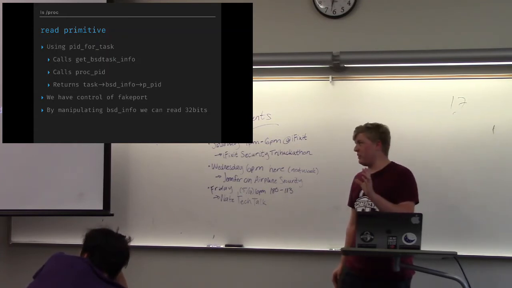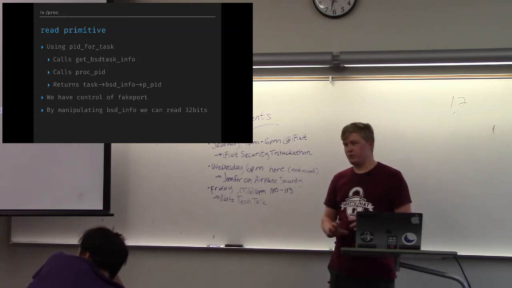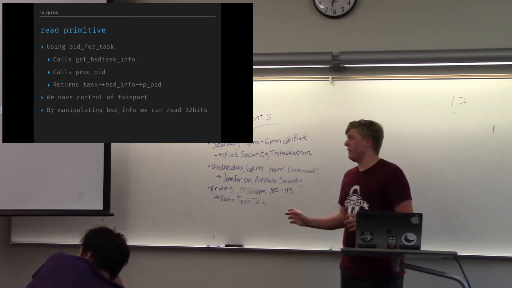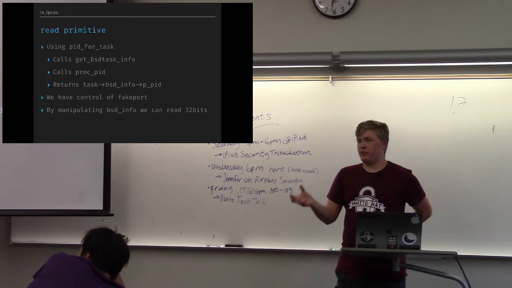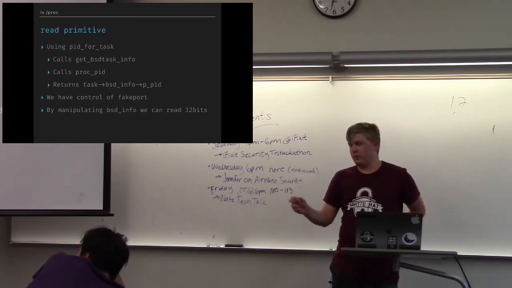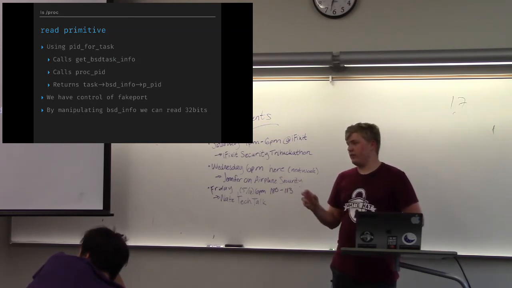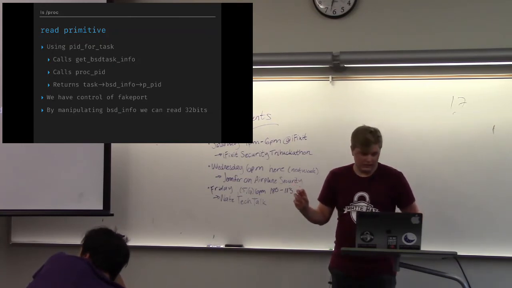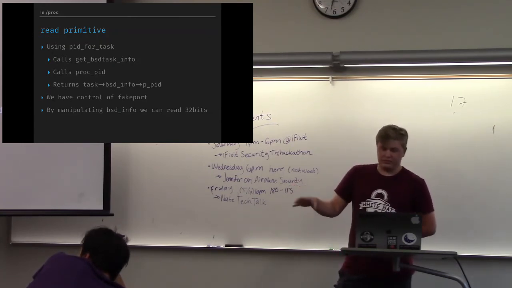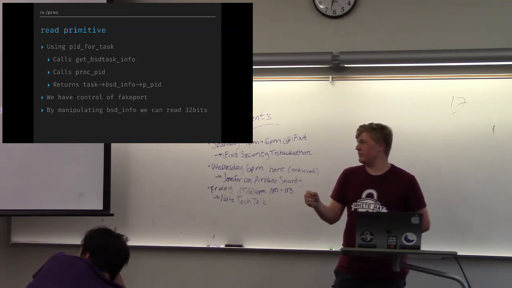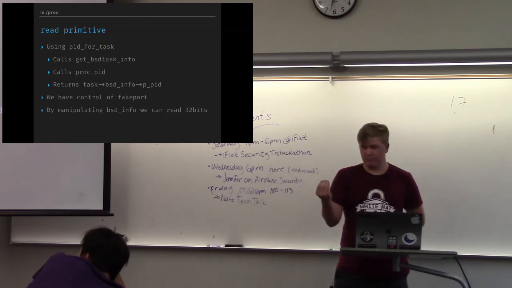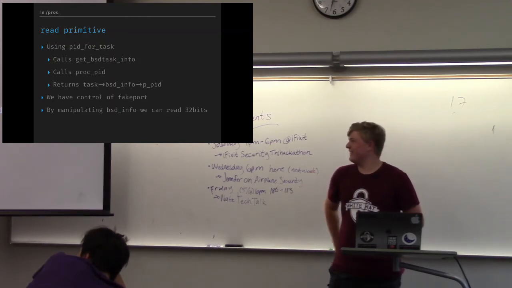So this port can be an arbitrary position in kernel memory. BSDTaskInfo will return 32 bits of kernel memory at a time if you give it the correct port to look at. And then if you want to read 64 bits, you can just combine two of those calls and mush the two together, and then you have read 64 bits of kernel memory.